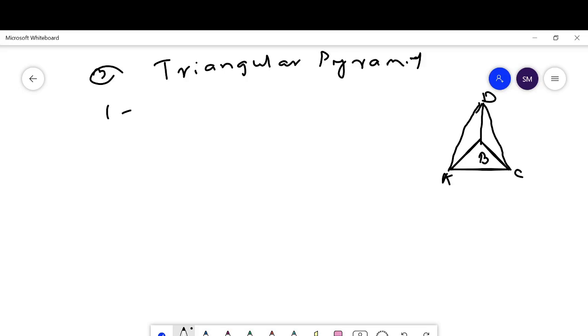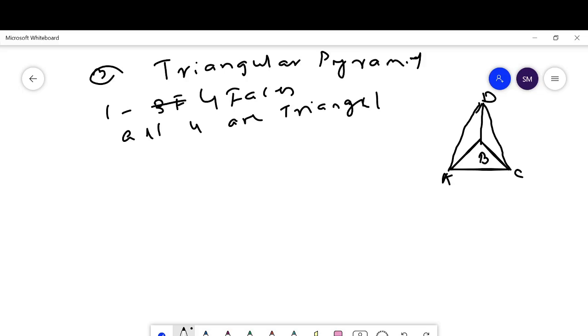Then how many faces are there? There are four faces. All four are triangular faces.